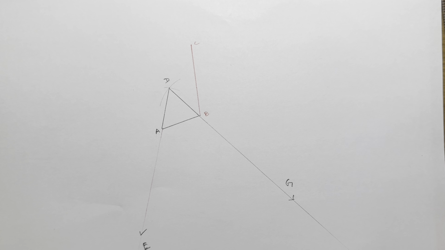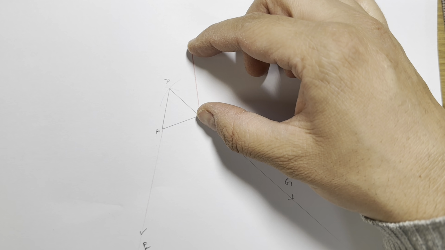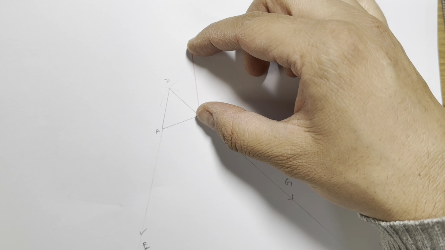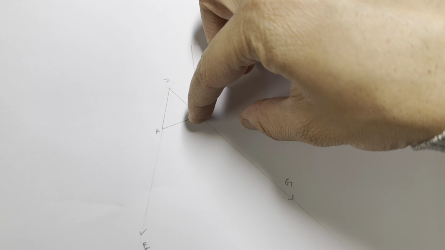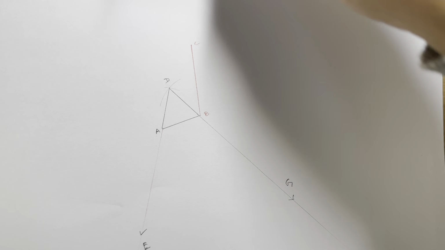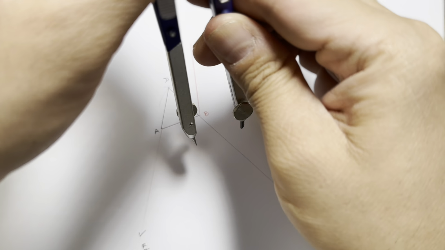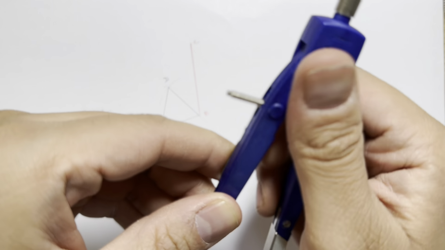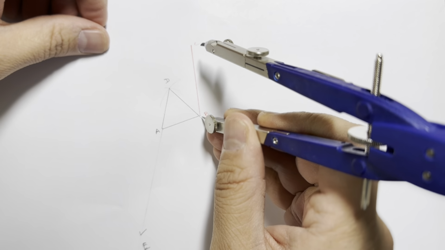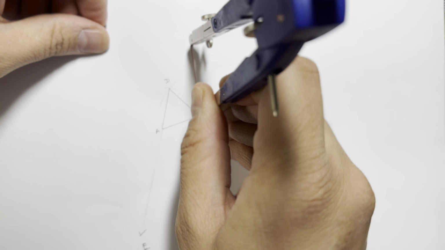Now what we do is we take this length BC and we take B as the center and mark this. So it's simple. Again, we put on a compass BC as the length. Here we have, and we draw a circle.